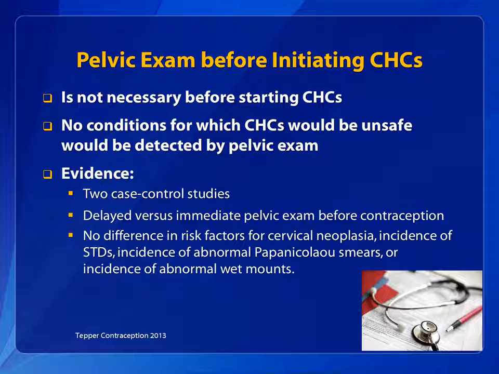A systematic review examined 2 case control studies comparing delayed versus immediate pelvic examination before initiation of oral contraceptives or depot medroxyprogesterone acetate injections. No differences in risk factors for cervical neoplasia, incidence of sexually transmitted diseases, incidence of abnormal Papanicolaou smears, or incidence of abnormal wet mounts were found.